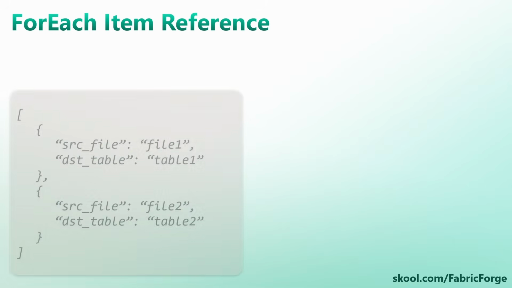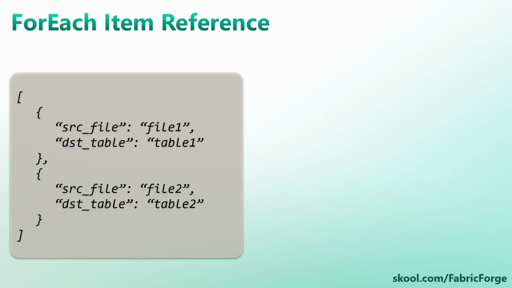Next, let's digest this ForEach item reference a bit more and use a more complex array that has 2 objects inside it as an example. In those objects, we have 2 properties, src file and dst table. Then we can imagine that we're passing this array to our ForEach loop, in which we would then refer to these objects in the dynamic content of our activities.